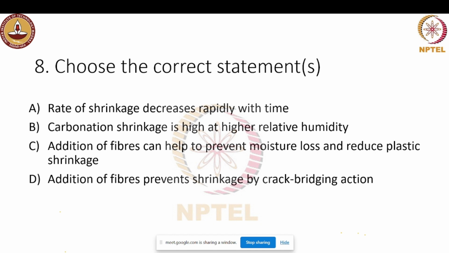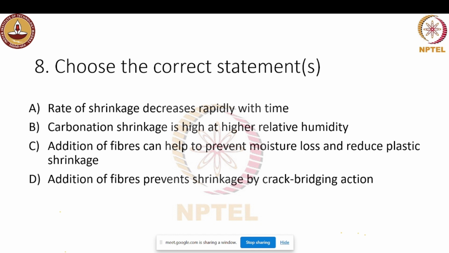A and D are the correct answers. A: rate of shrinkage decreases rapidly with time, right? Because at initial timing, more free water will be present, and there will be more shrinkage. With time we have very little free water present, so the rate of shrinkage will decrease with time. C: addition of fibers can help to prevent moisture loss and reduce plastic shrinkage. So how can fibers prevent moisture loss and reduce plastic shrinkage?